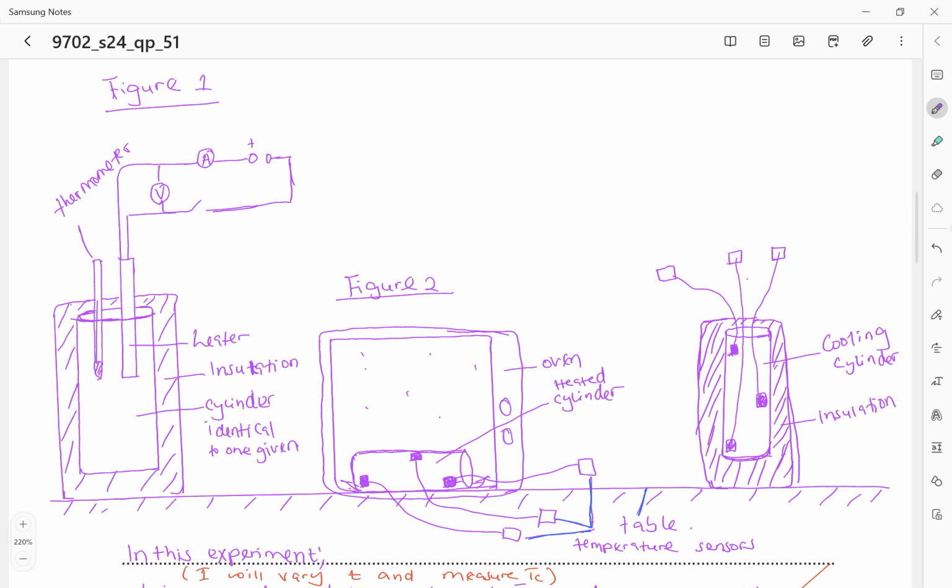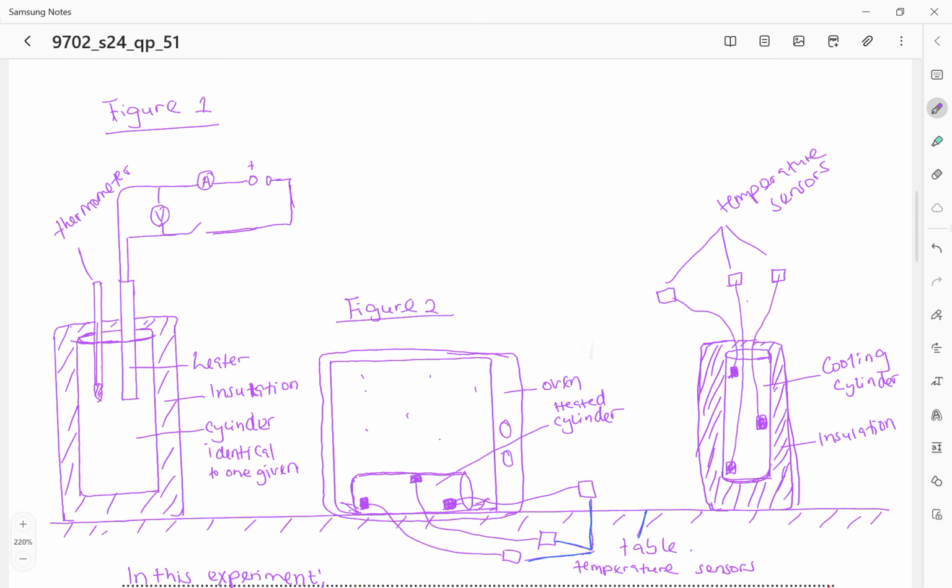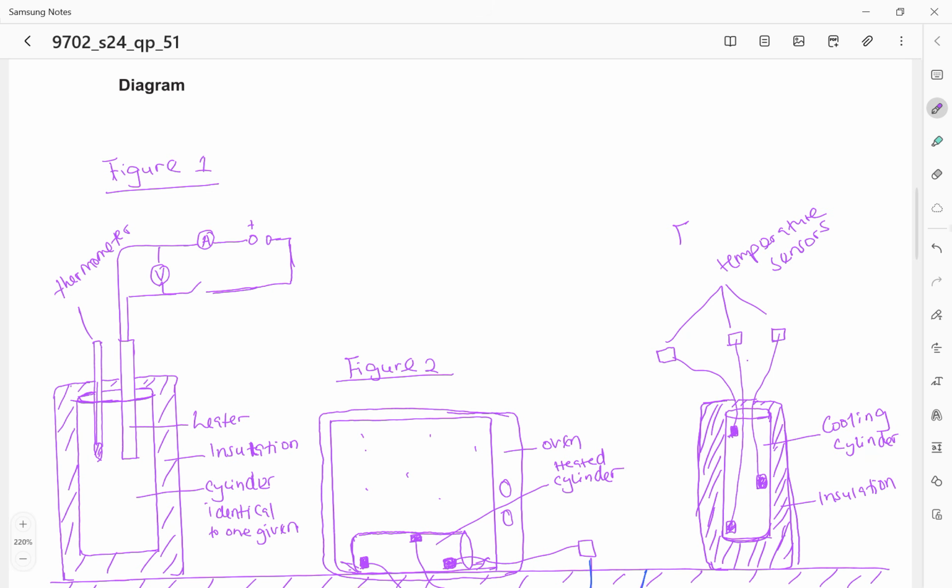And these ones are going to be temperature sensors. Okay, so those are temperature sensors, and this is going to be figure 3.